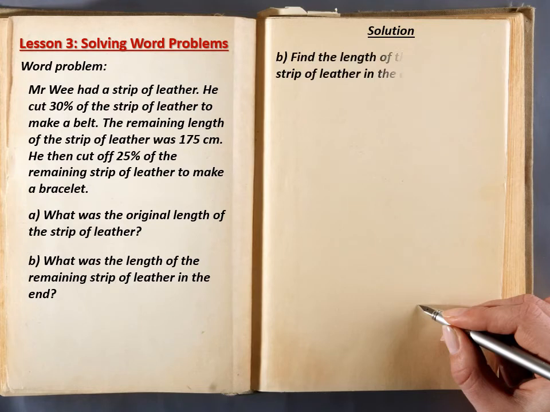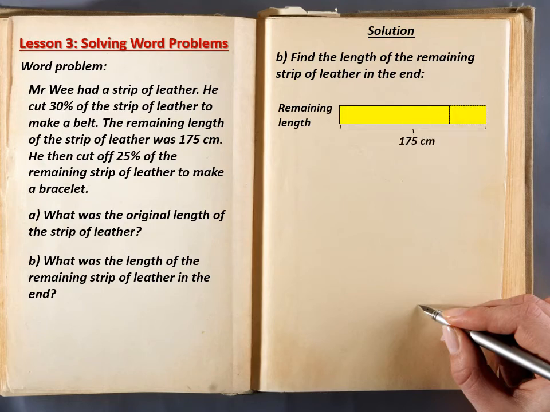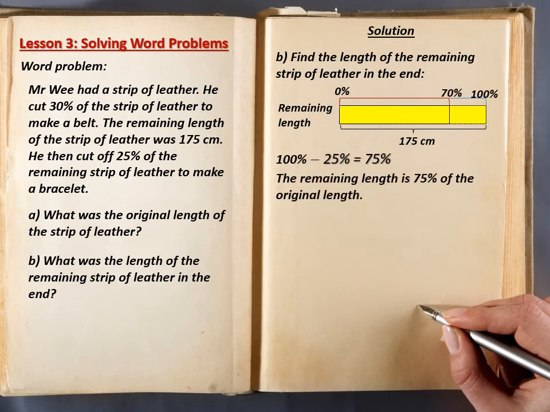Now go to B. Find the length of the remaining strip of leather in the end. Okay, you look. The remaining is 175 centimeters, but then he cut 25% off. So you find the remaining strip of leather in the end. The remaining at first is 100%. So you take 100% minus the 25% that you cut off. You see 75% is the remaining strip of leather at the end.